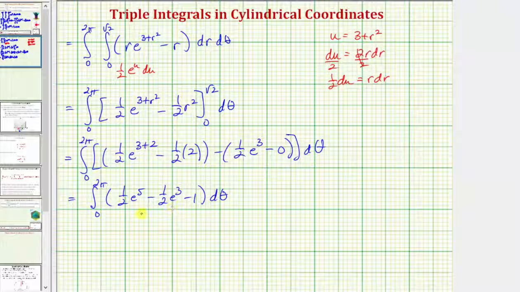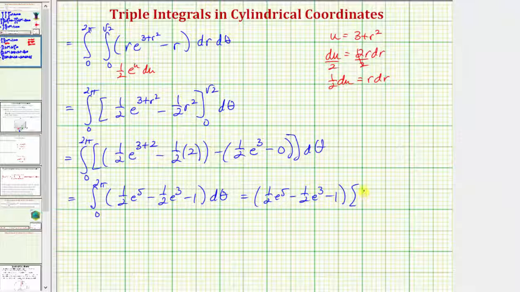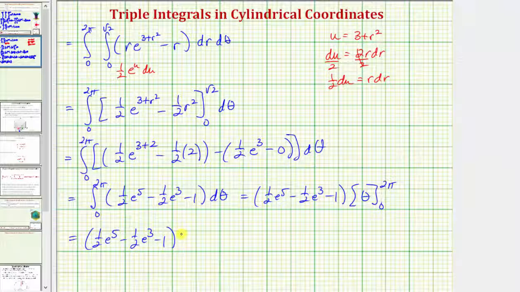Notice how each of these terms are just constants. So now when we integrate with respect to theta, we're just going to have this constant, 1/2 e to the 5th minus 1/2 e to the 3rd minus 1, times the antiderivative of theta. And finally, performing substitution here, we just have the constant 1/2 e to the 5th minus 1/2 e to the 3rd minus 1, times 2 pi minus 0.